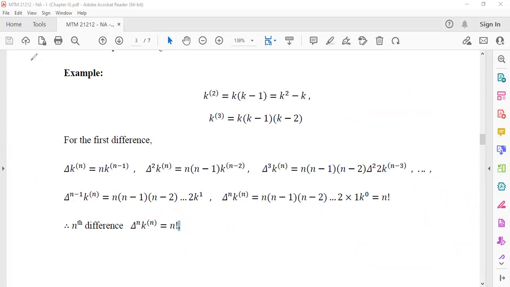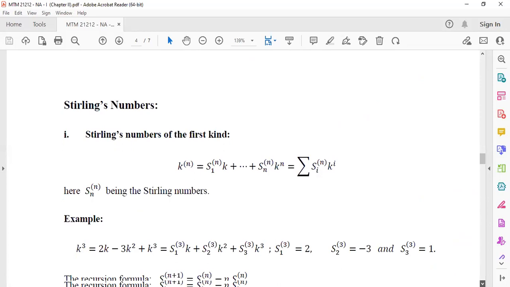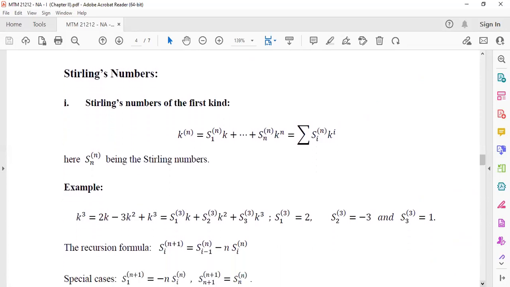Okay, let's continue. We have some 20 minutes there, so we can finish up these two polynomials today. Next one is, let's see one definition, called Stirling numbers. Okay, so put the heading Stirling numbers. So let's see what it means.